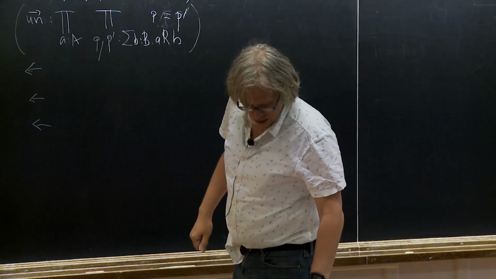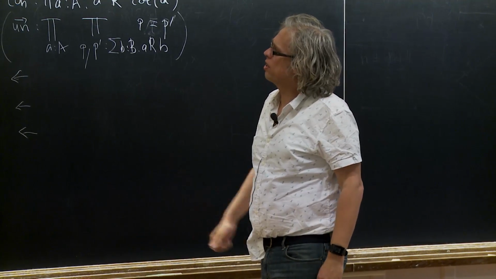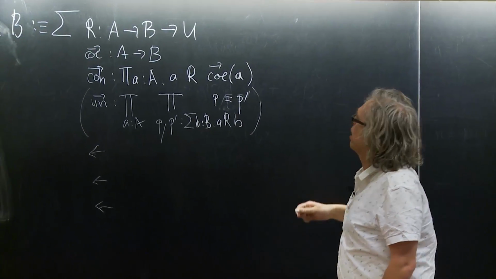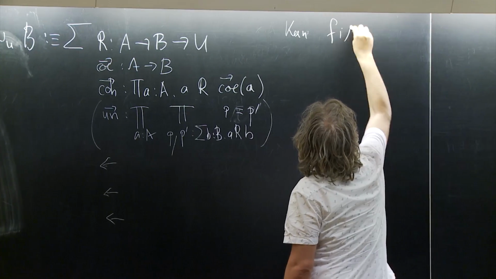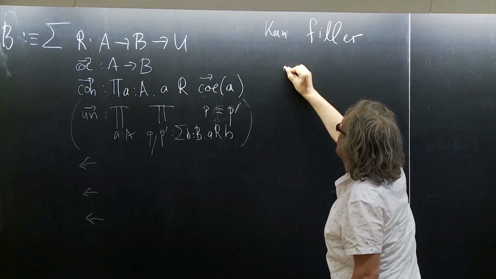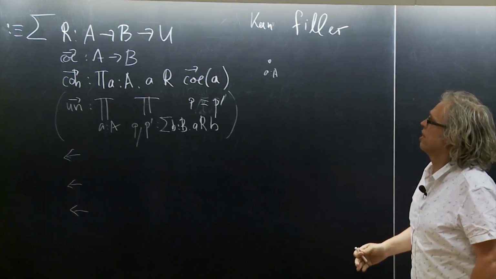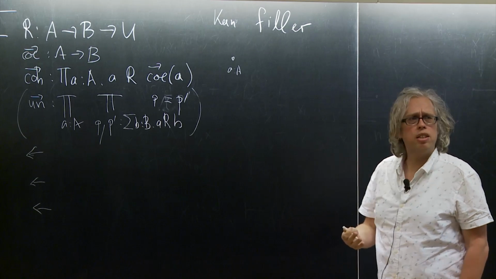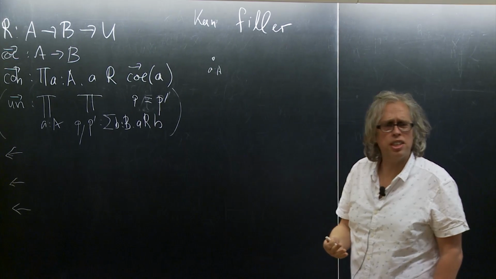Okay. So this condition, if you look at cubical type theory, is a particular case of a Kan filler. Namely, it's a Kan filler in the zero dimension. Because if I have a point here in A, and I want to turn this into a one-dimensional cube, a one-dimensional cube is a line, right?